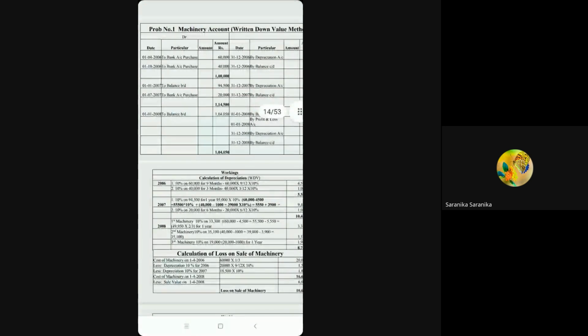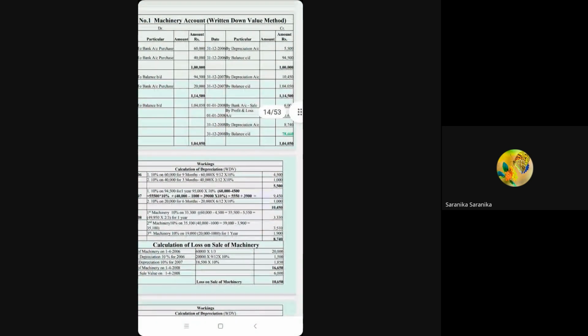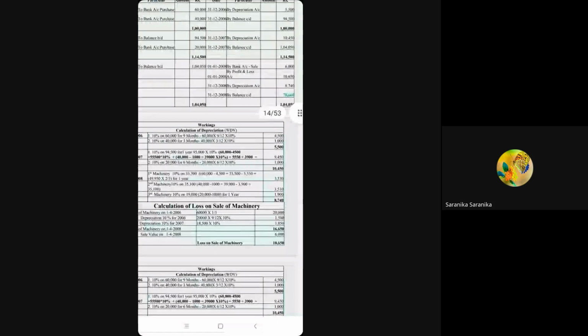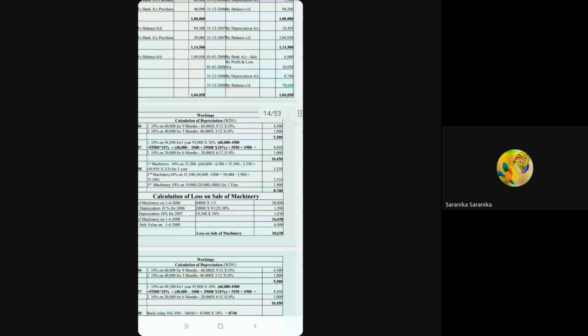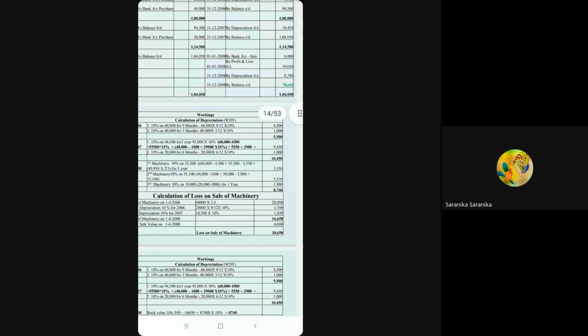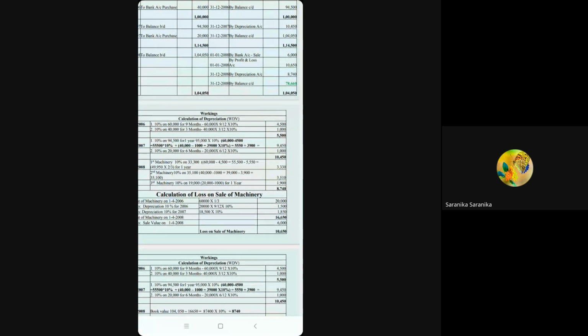Okay. When you are coming to the third year, this profit or loss on sale of machinery will be different. See here, 1/3 of the machinery value: first year depreciation is 1,500, second year depreciation is 1,850. The book value of this asset is 16,650, right?